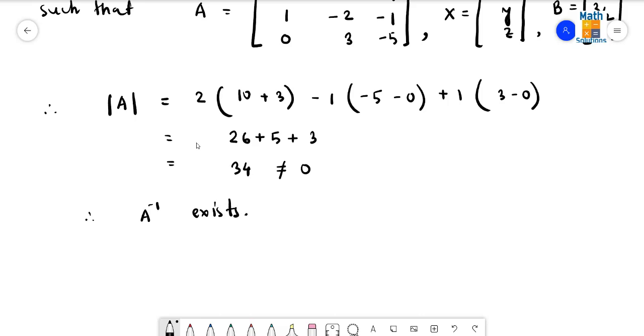After that, what I have to find out? See, this is the formula for finding out A inverse.